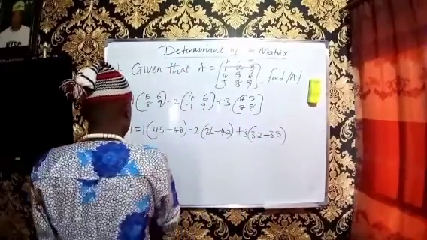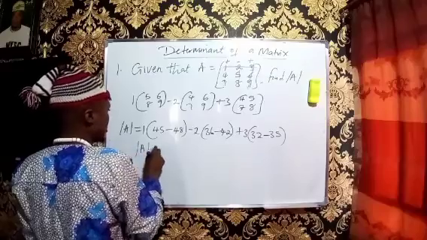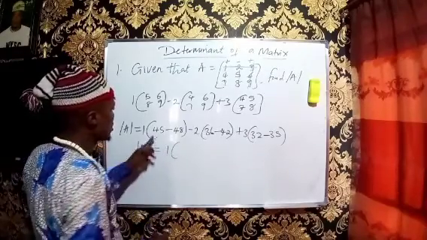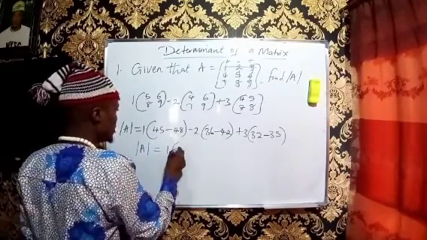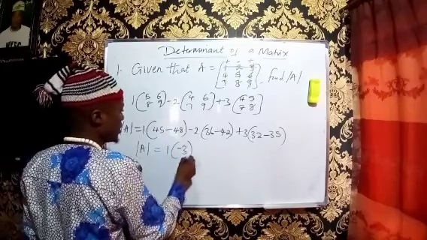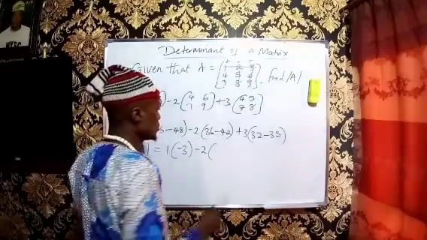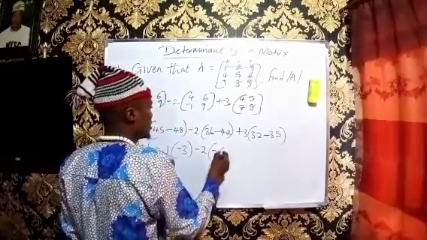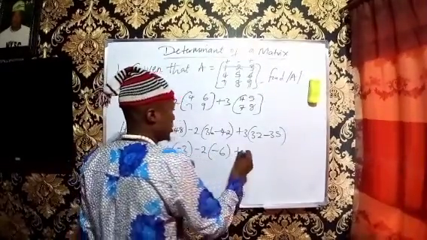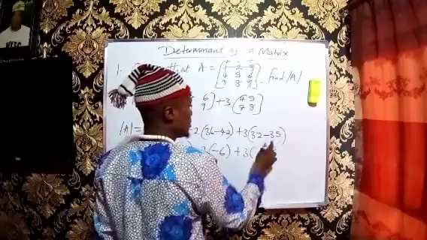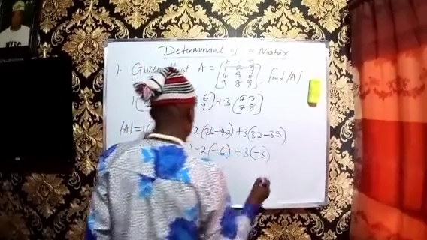Okay, the determinant of A is now 1 into 45 minus 48 is just minus 3, minus 2 into 36 minus 42 will give us minus 6, plus 3 into 32 minus 35 is minus 3.